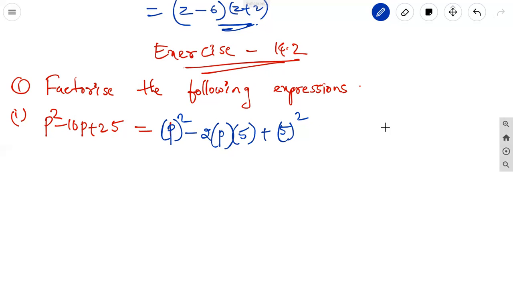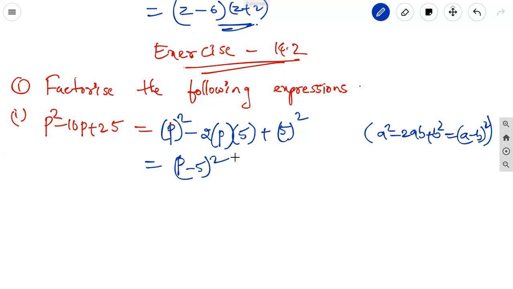So using the identity a square minus 2ab plus b square equals (a minus b) whole square, it is equal to (p minus 5) whole square. Okay, the expression can be factorized.